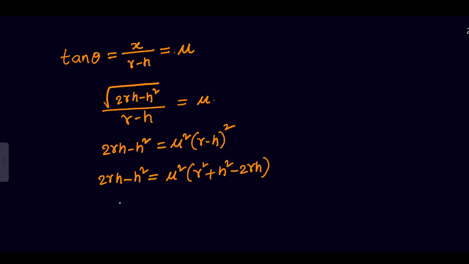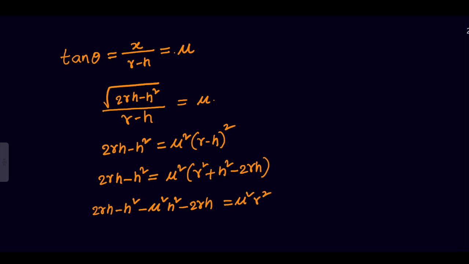We need to get the h value. All h terms on one side, remaining terms on the other side. That is 2rh minus h square. If I bring it to this side, this is mu square h square minus 2rh equal to mu square into r square.